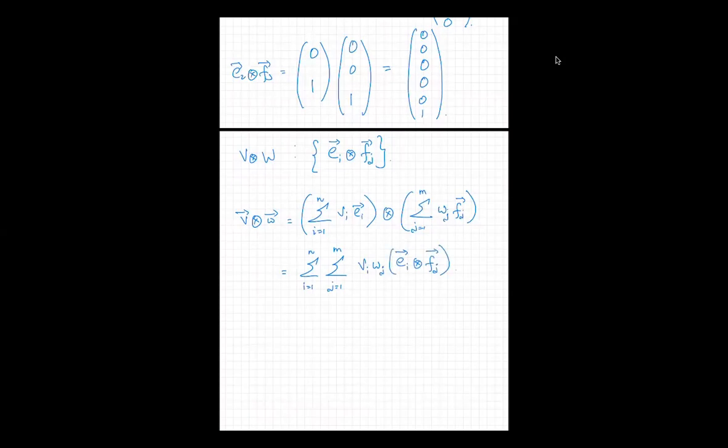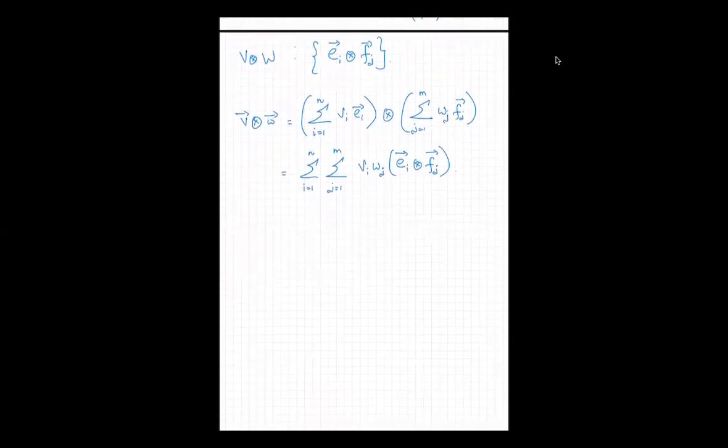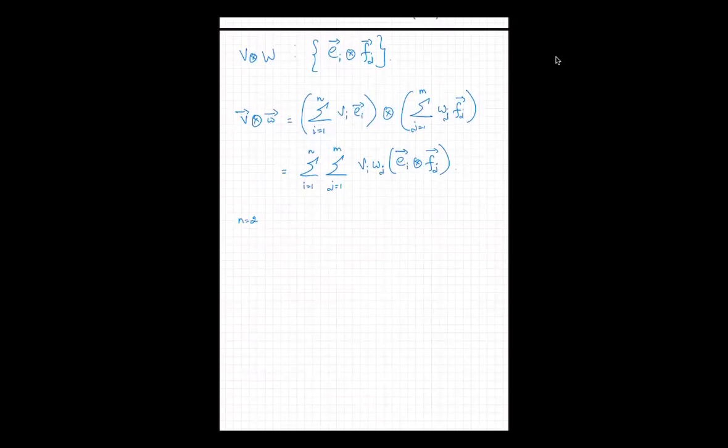Since we have computed the direct product of the basis vectors, for at least a simple example, you can simply use this to calculate what the direct product of two vectors would look like. So for example, in our case, n equals 2 and m equals 3, V cross W would be, the way you do the sum is first fix i and sum over all three j's, and then choose the second value of i and sum over all three j's.